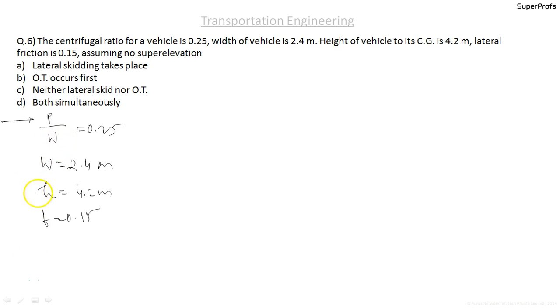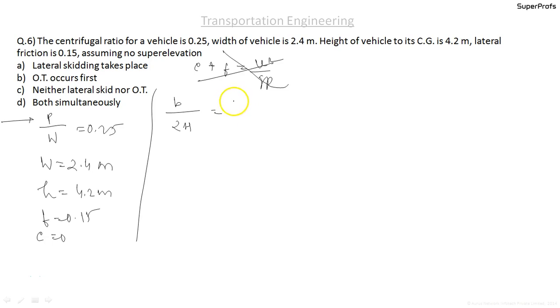Since the super elevation is given to be 0, we don't need this formula. So in this case, B by 2H is equal to 2.4 by 2 into 4.2, which equals 0.28, and the F value is equal to 0.15.